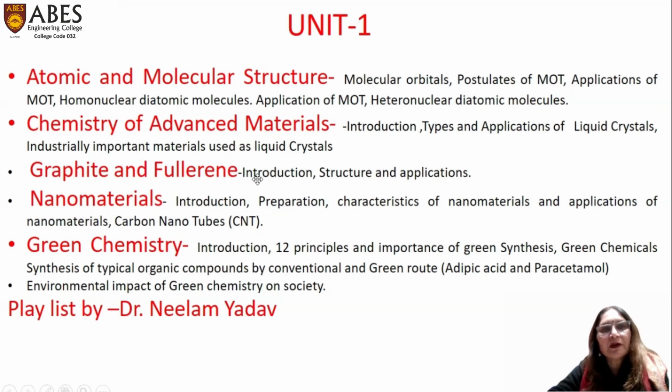Fullerene is also called Buckminster fullerene, and graphite is an allotrope of carbon. These are the allotropes of carbon. In this topic, we will discuss the structure and applications.